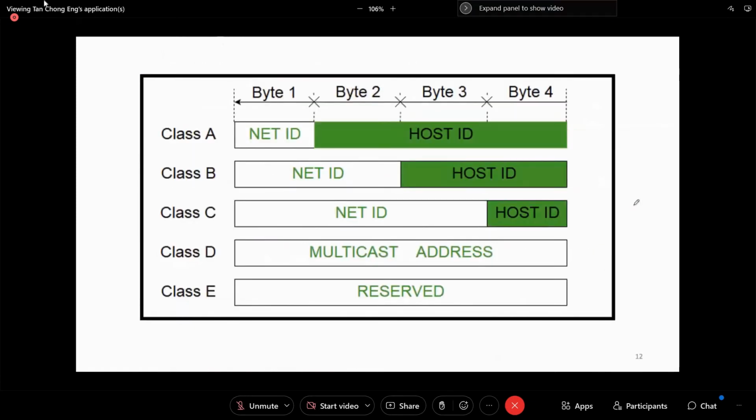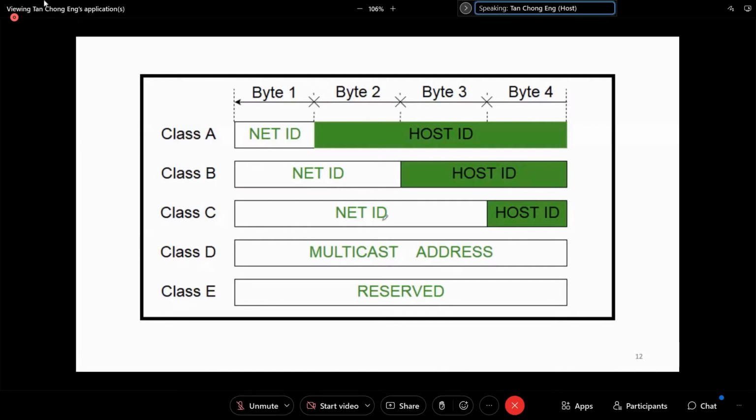Based on this diagram here, you know. The net ID for class A is so little, only 1 byte, so the maximum number of networks you can have is only 256. But of course each network can have a large number of hosts.